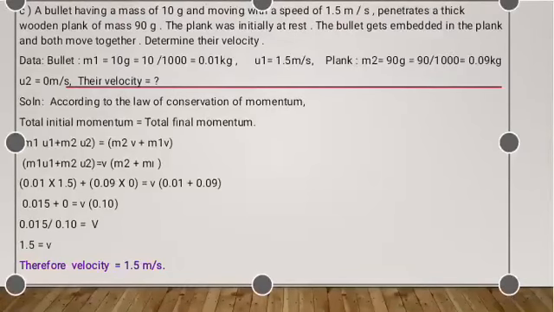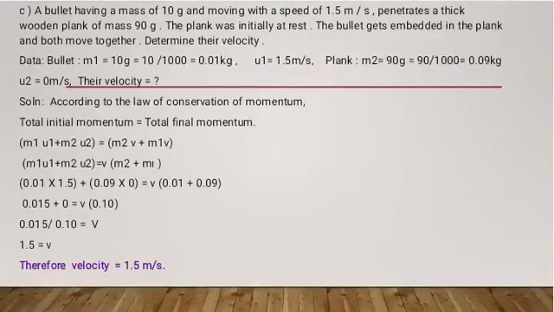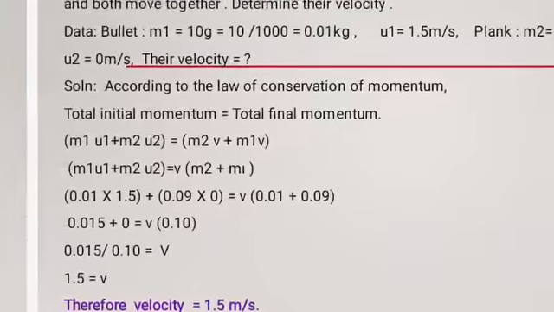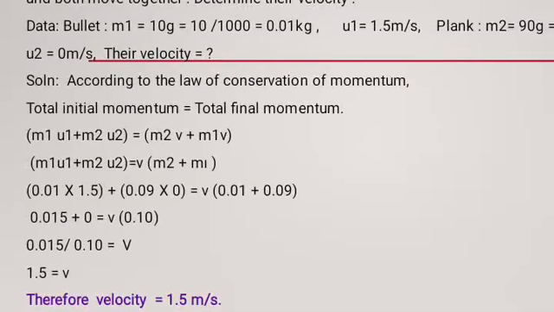According to the law of conservation of momentum, total initial momentum is equal to total final momentum. So m1u1 plus m2u2 equals m1v plus m2v. Put the respective values, and by solving it we get the final velocity, that is 1.5 meter per second.